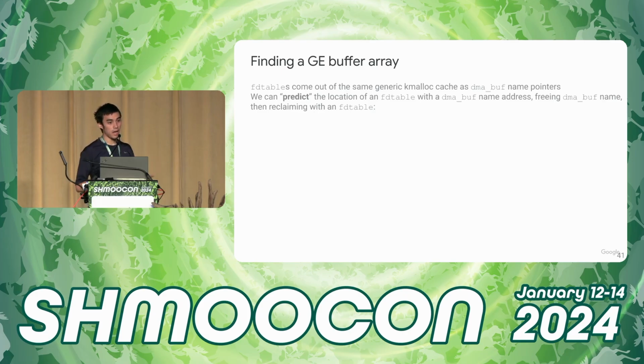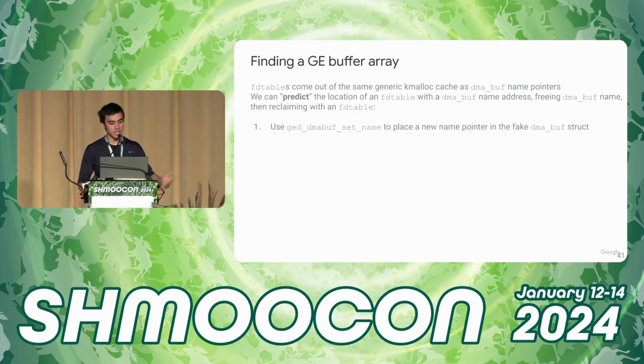If I somehow have a DMA buff name address, I free that DMA buff name associated with that address, and then allocate a lot of FD tables, reclaiming that DMA buff name address with an FD table. By doing that, I've basically predicted the location of an FD table. It's sort of backwards from your typical strategy where you reclaim and then find the address. In this case, I'm finding the address and then reclaiming with a heap spray.